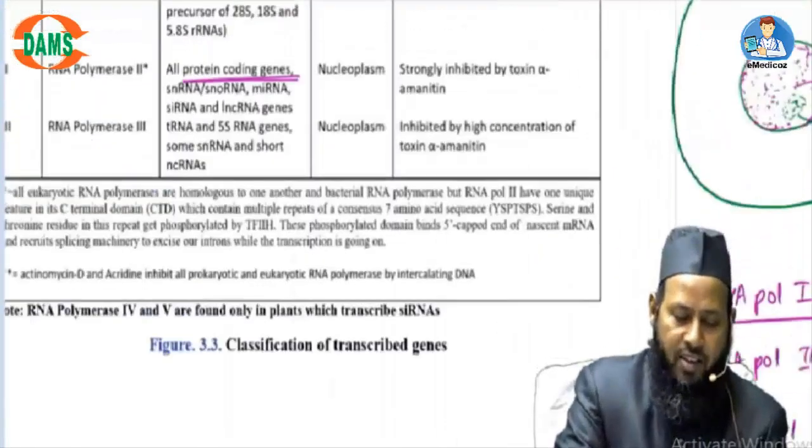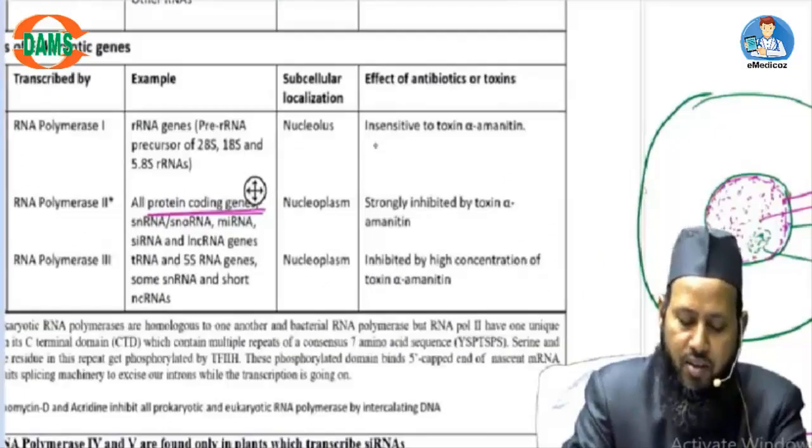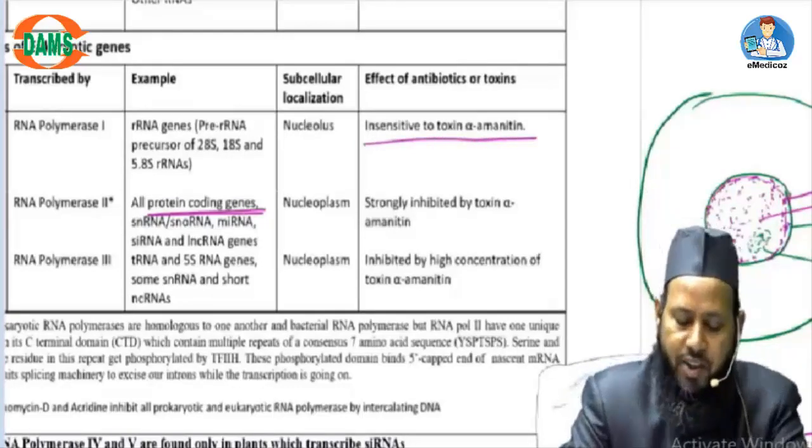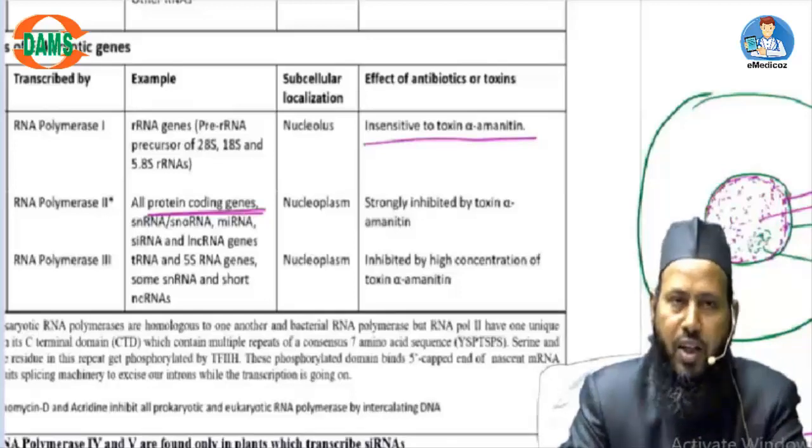Okay, and next in this table is given the sensitivity towards the alpha amanitin inhibitor, that is a toxin which inhibits this RNA polymerase.